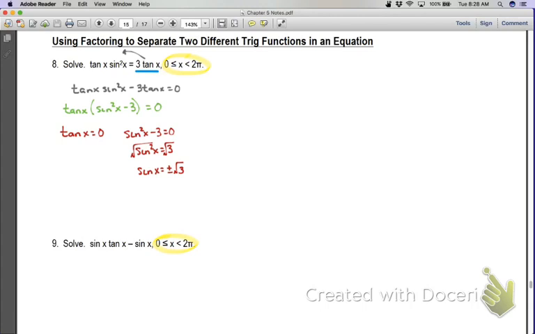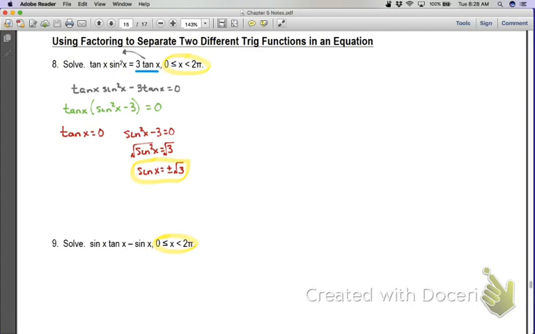And then tangent is 0. So let's just stay with this one here. How big is the number square root of 3? Remember, if it's sine, it has to be between the window of -1 to +1. What's the problem with the square root of 3 or negative square root of 3?